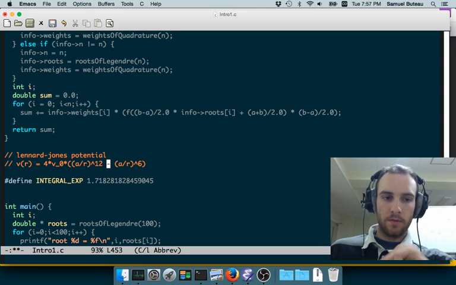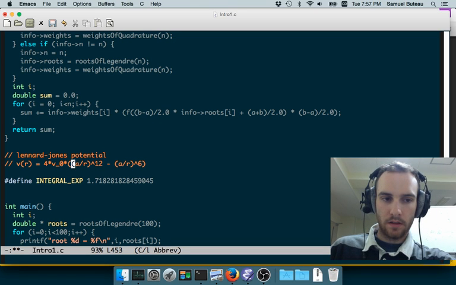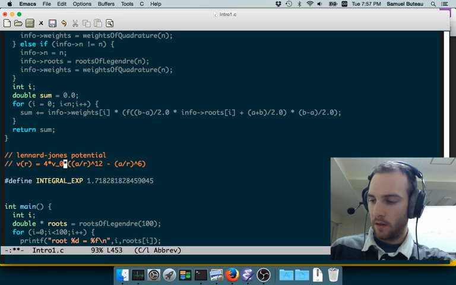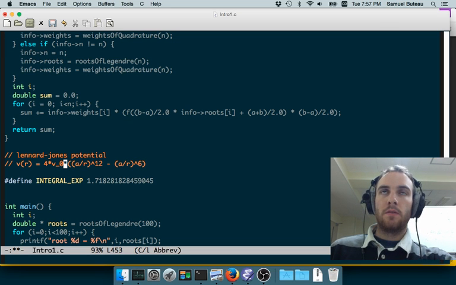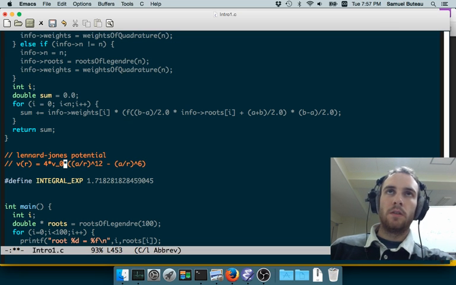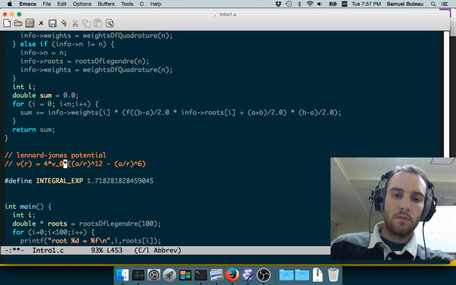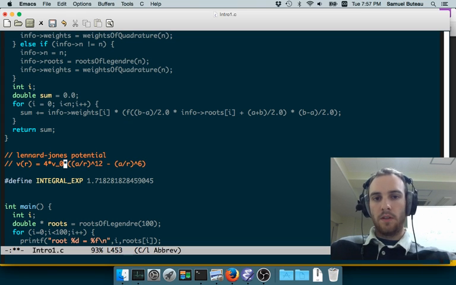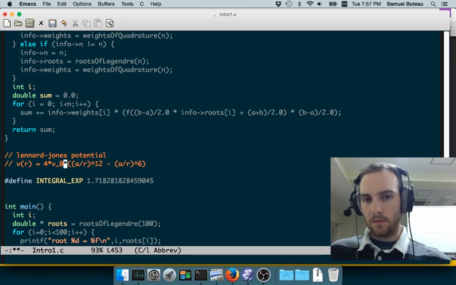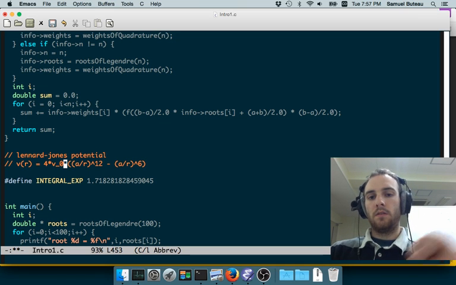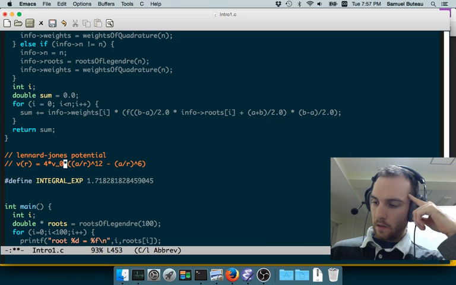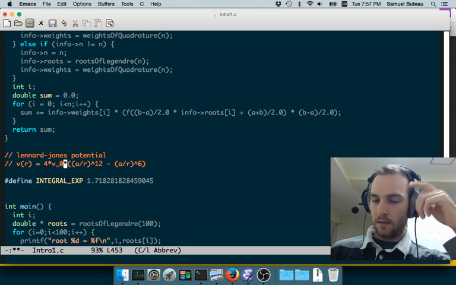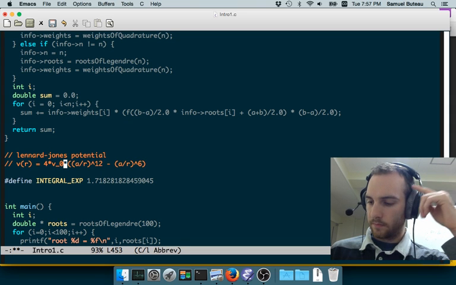So V0 is the dissociation energy, the amount of kinetic energy you need for the molecules to be stretched to infinity, so to no longer be coupled. And A is an empirical constant.